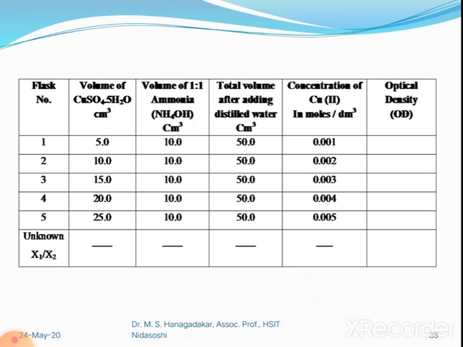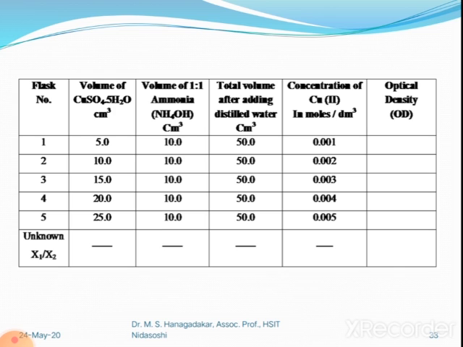Then for all the 5 flasks including the unknown solution, you need to add 10 cm cube of 1:1 ammonia. After adding ammonia, dilute with distilled water and make the volume up to 50 cm cube.